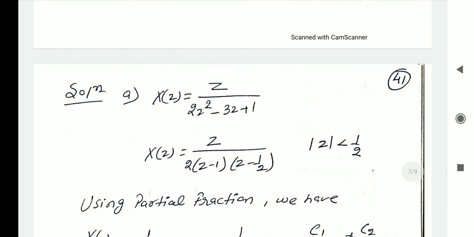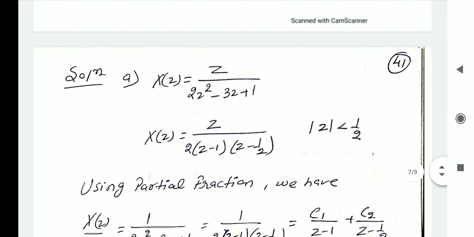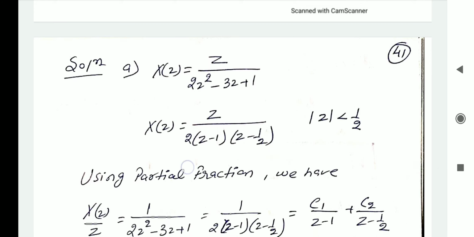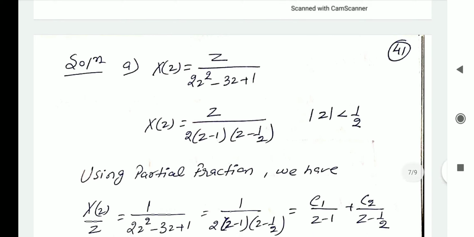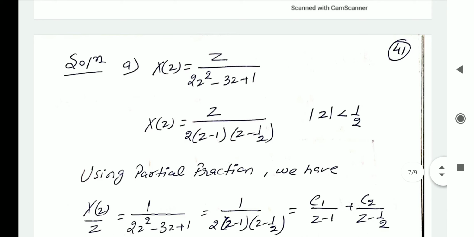Now with the partial fraction expansion method, x of z is given to us here. We need to bifurcate the denominator in terms of poles, that is 2z square minus 3z plus 1 can be written as 2 into z minus 1 into z minus 1 by 2. This is an important part. This needs to be done in the case of partial fraction expansion method.